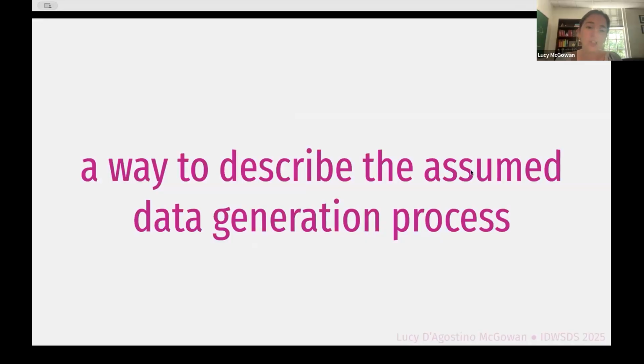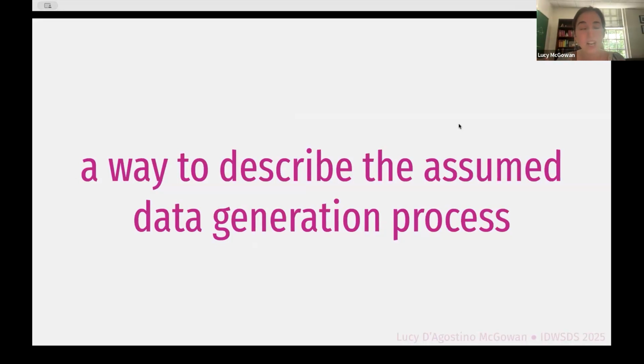So basically, it's just a way to describe the assumed data generation process, which is really helpful in causal inference because when we are trying to answer causal questions, we have to have this correct. All of our assumptions are predicated on us understanding the data generation process accurately. And so DAGs are a nice way to communicate across different disciplines.